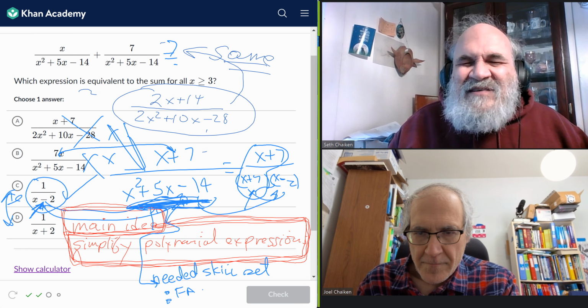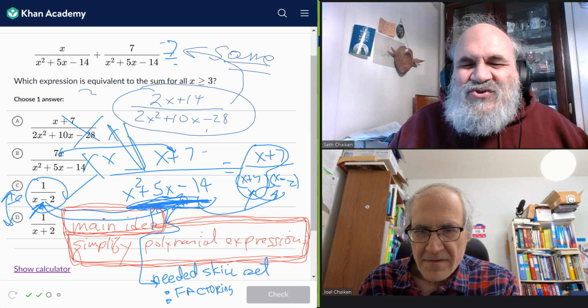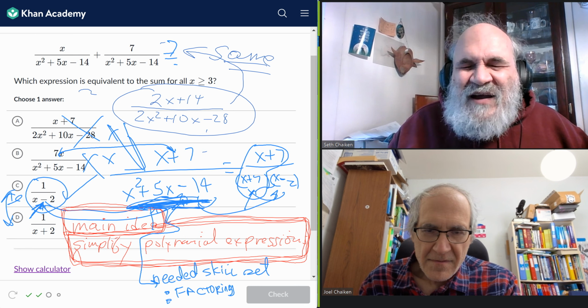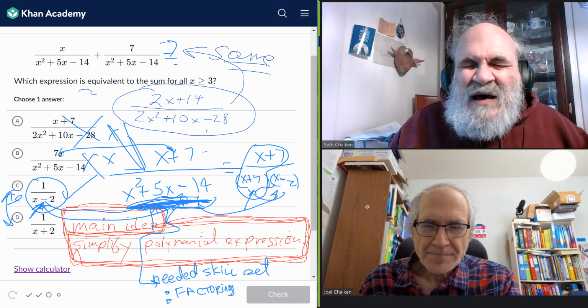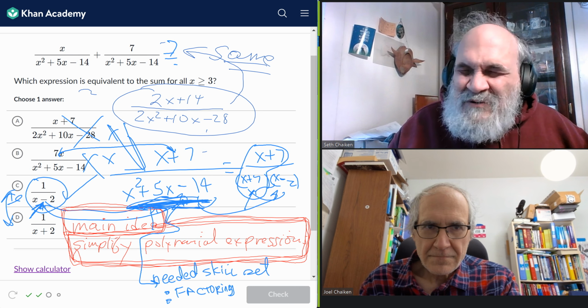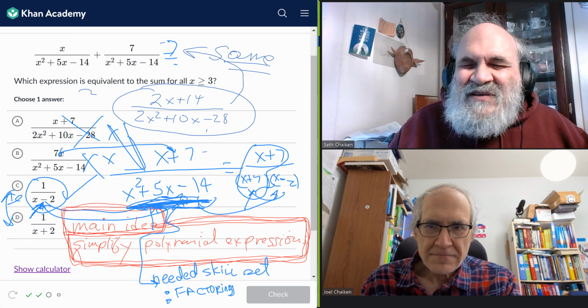By the SAT principle that at least one of the choices is correct, the denominator is factorable, and x minus 7 is one of the factors.